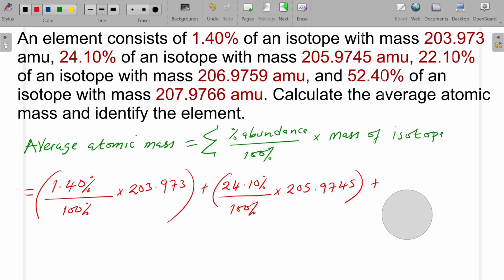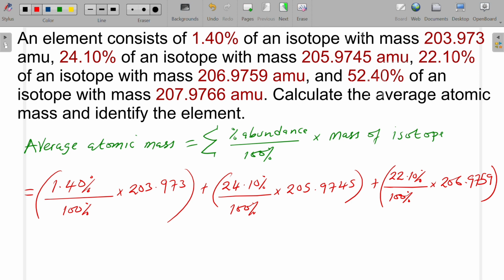So we have 22.10% divided by 100%, multiplied by its mass, 206.9759.